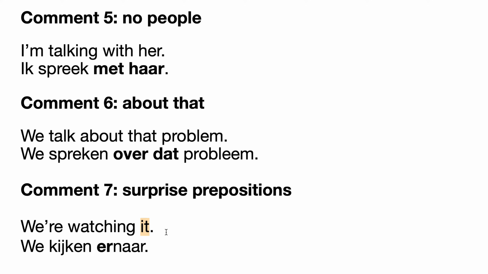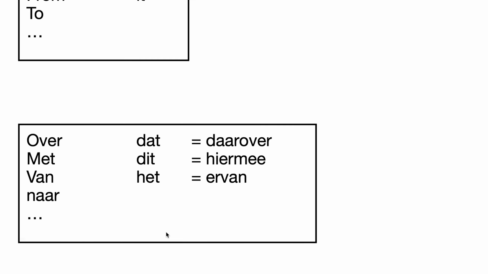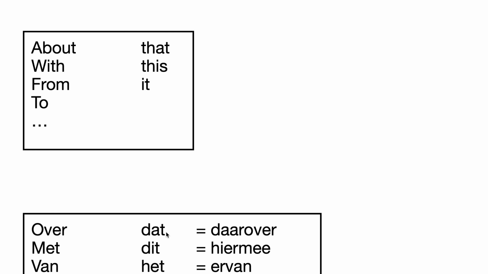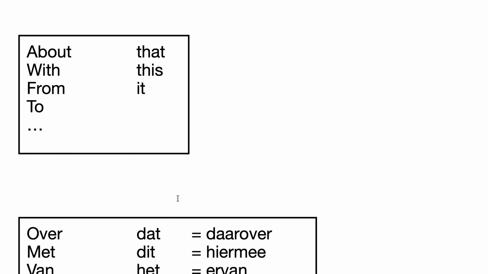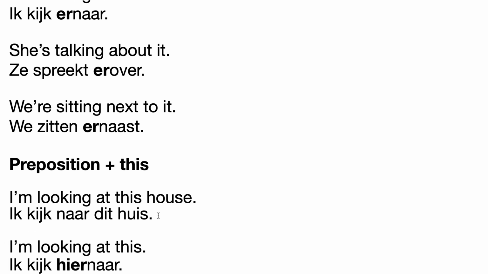Alright, let's quickly recap. You can see them on the website. The link is in the description below to review this. So prepositions stand with that, this, and it. What happens? The dat, dit, het gets in front of the preposition and changes a little bit.